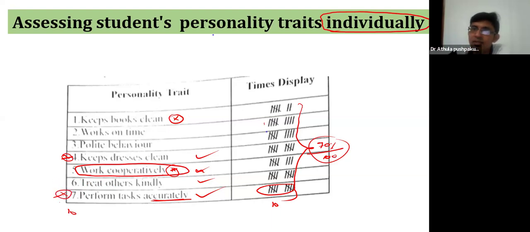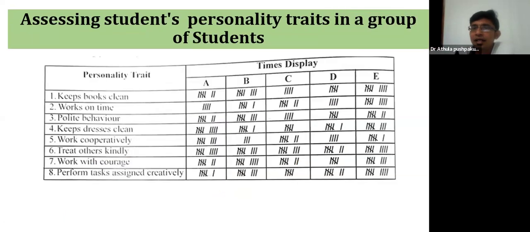For the selected student, this is the way to assess a student's personality trait individually. Very clearly, individual. And another one: how can we assess students' personality in a group of students?